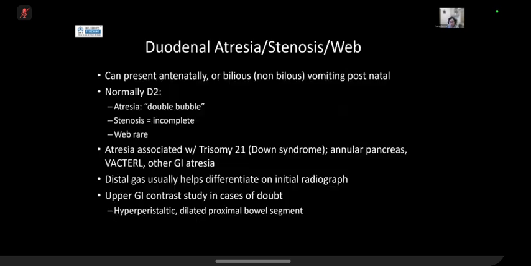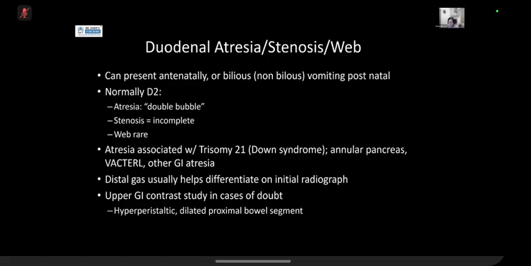Okay, so we've talked about duodenal atresia, so you can present antenatally with bilious or non-bilious vomiting, depending on where your obstruction is. With atresia, you have a complete double bubble sign because it's a complete atresia, so there's no luminal opening at all. And you've got stenosis with something a bit incomplete.